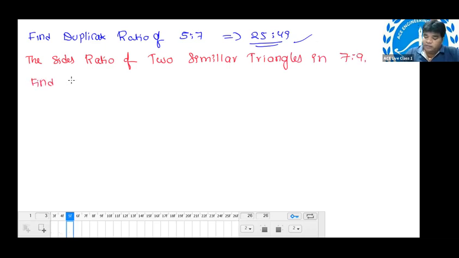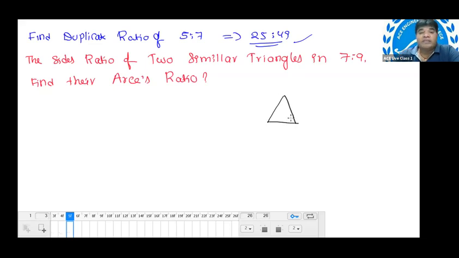Find their areas ratio. This is the type of question in examinations. They don't ask directly to find duplicate, subduplicate, triplicate or subtriplicate. The examination pattern is different. Find their areas ratio means two similar triangles.